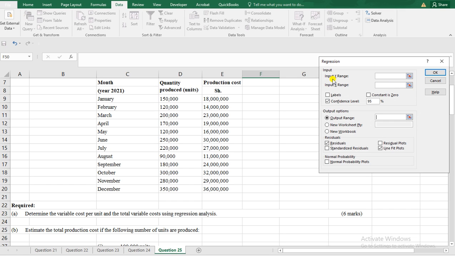In this case, our input Y range, it will be upon you always to identify what is your Y factor and X factor.